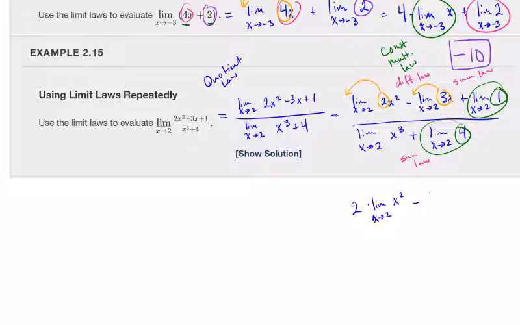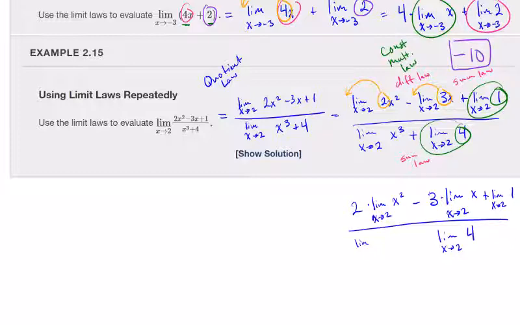All right, and then here should be the 3. 3 times the limit as x approaches 2 of x plus the limit as x approaches 2 of 1. All right, all over. Now, on the bottom, oops, this should be a 2.